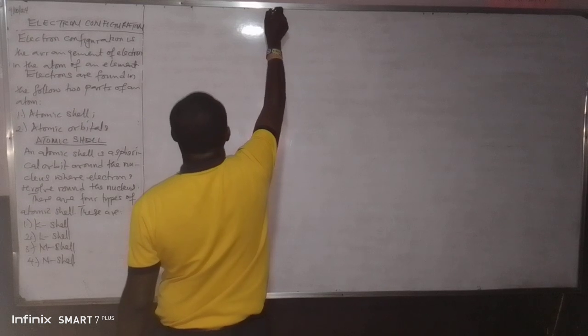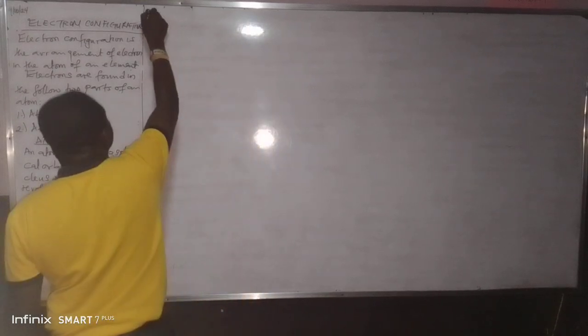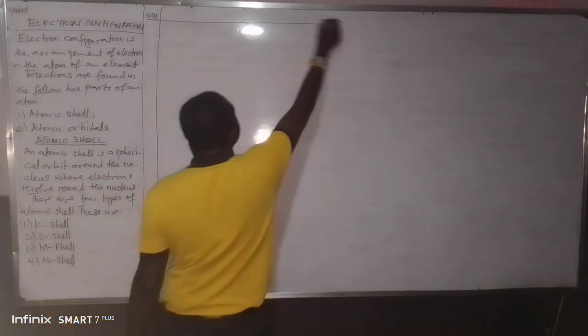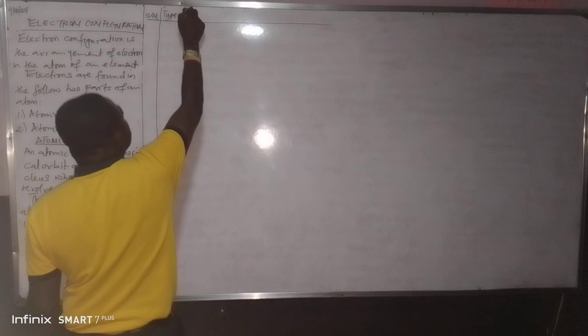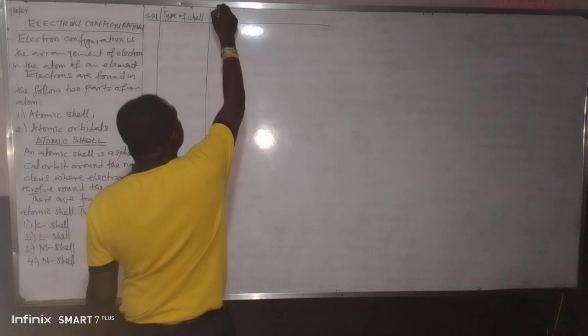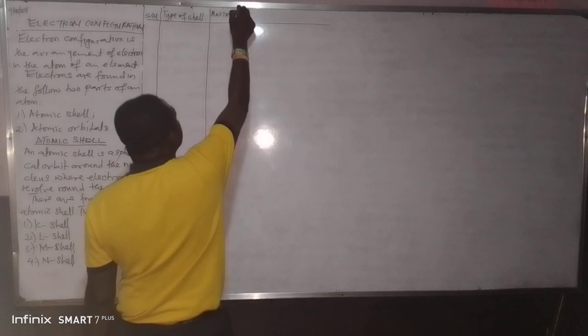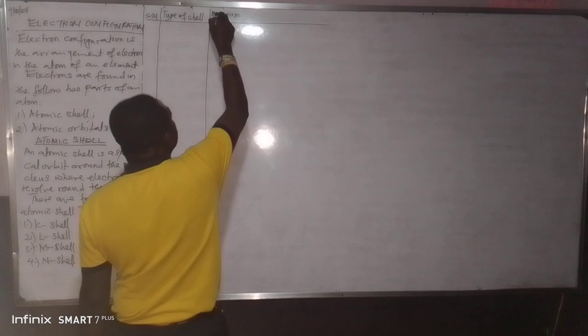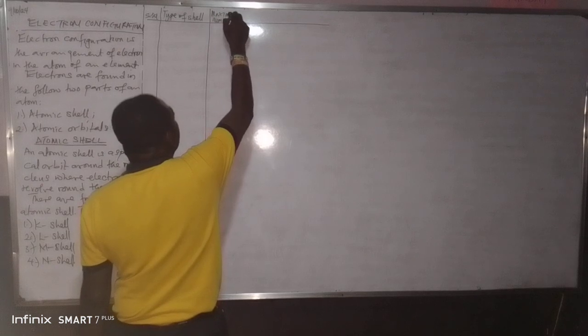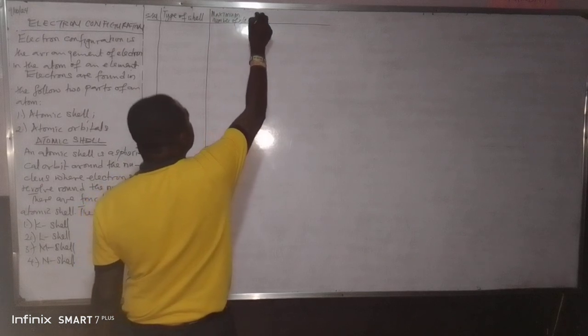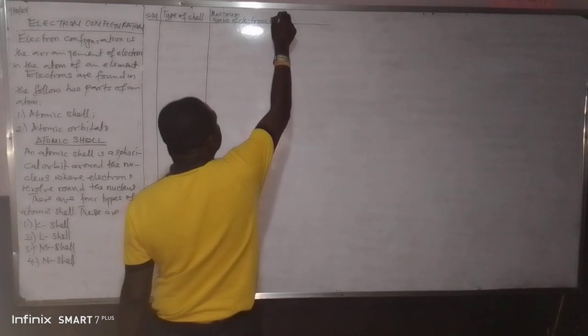Now, looking at a table, in this table we are considering type of shell, and we are considering the maximum number of electrons held.